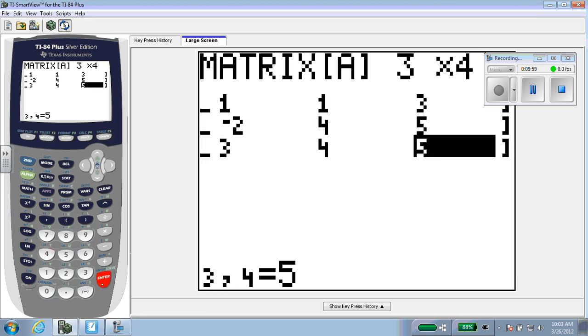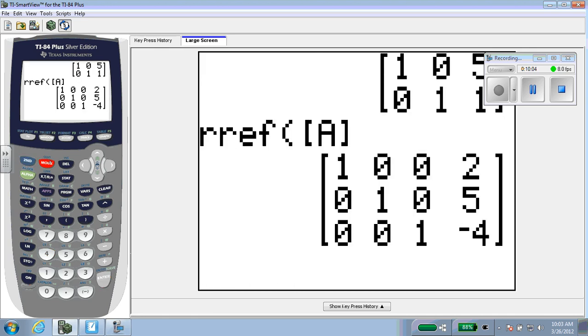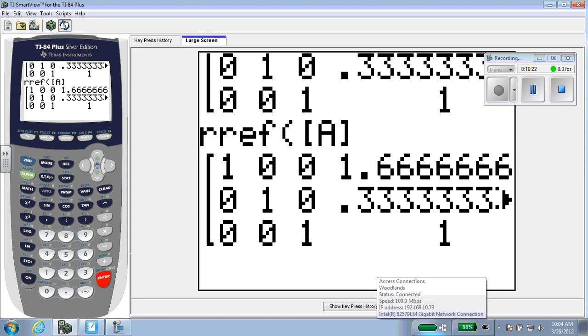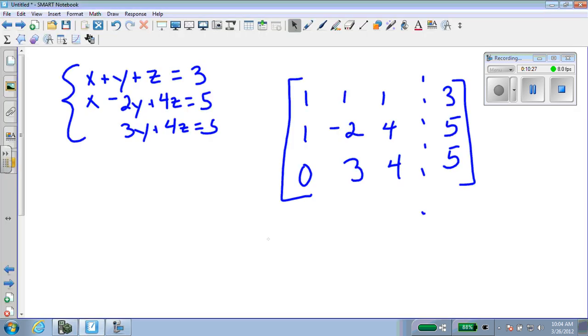And we're going to second quit. And then we're going to go to reduced row echelon form for matrix A, which tells us that this is 1, 0.6 repeating, 0.3 repeating, 1. 1.6 repeating, 0.3 repeating, 1. So that would be our solution.